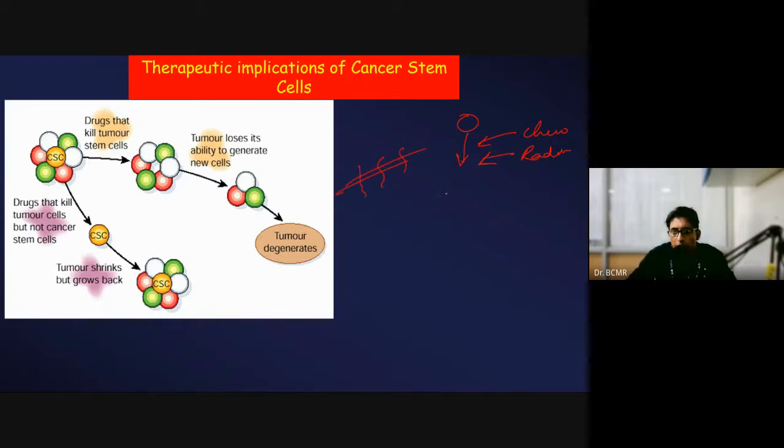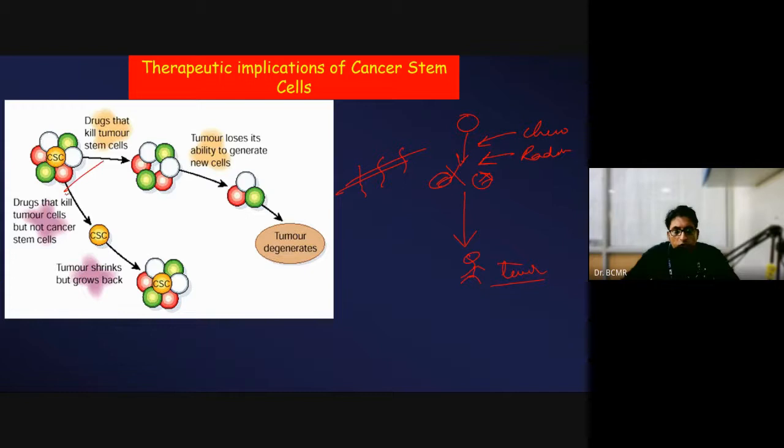The genome is broken down, because of which the cells, if they divide, will produce non-productive cells, and then they will die out. Whereas when this person is treated, after some days the tumor comes back. There is a relapse of the tumor, and why is that happening? Therefore we are not able to treat the cancer properly.